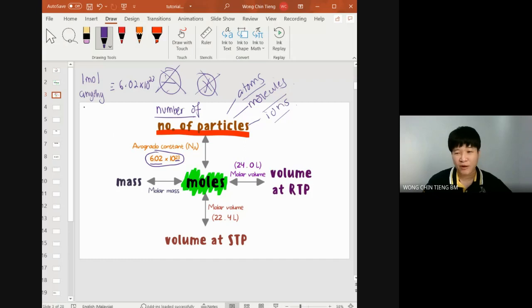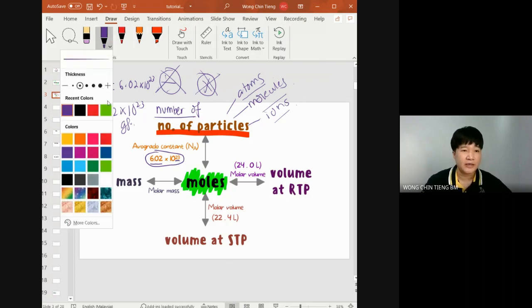When Jun Xiang says I have 1 mole of girlfriend, he means I have 6.02 times 10 to the power of 23 girlfriends. If you say 1 dozen of girlfriend, 1 dozen is 12, but 1 mole of girlfriend is 6.02 times 10 to the power of 23. Right, Jun Xiang? That is your Avogadro constant. 1 mole is fixed.